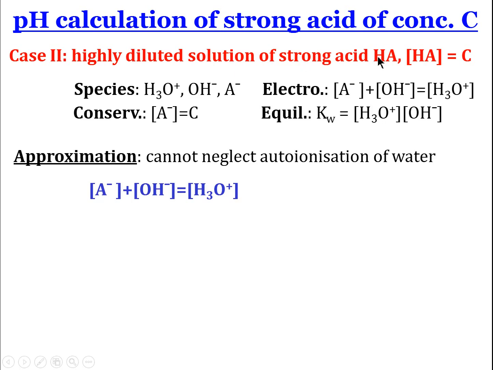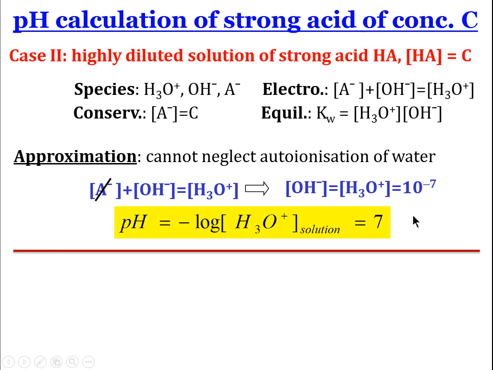Since the acid used is highly diluted, the concentration C can be neglected, and in this case, A minus is negligible with respect to OH minus. Therefore, OH minus equals H3O+, and since Kw equals 10 minus 14 at 25 degrees, the concentrations are equal to 10 minus 7 molar. pH is always equal to minus log [H3O+] in the solution, so the pH equals 7.